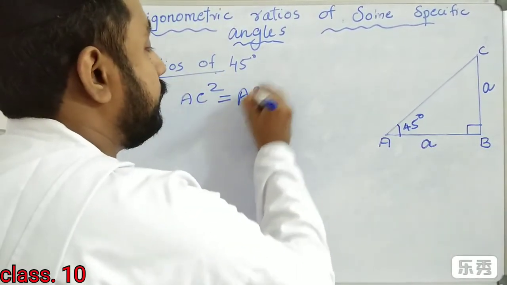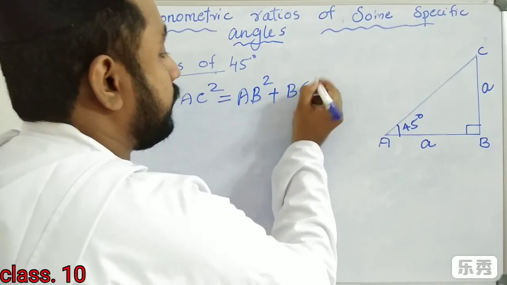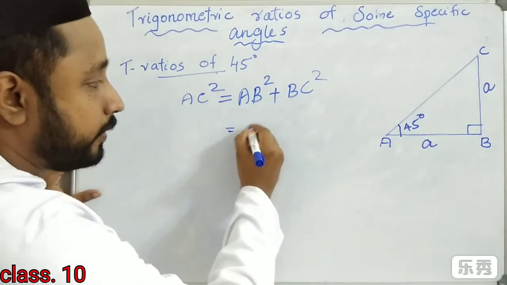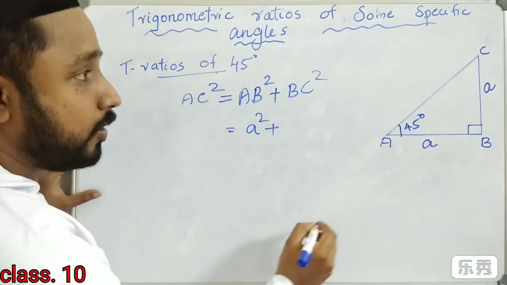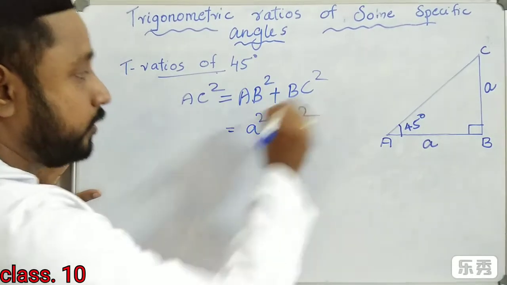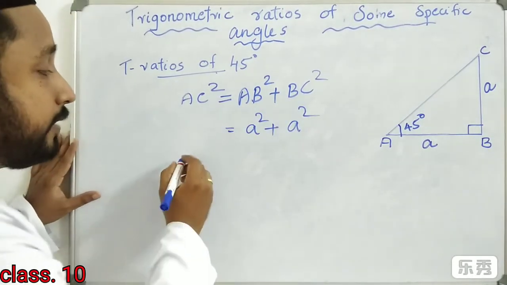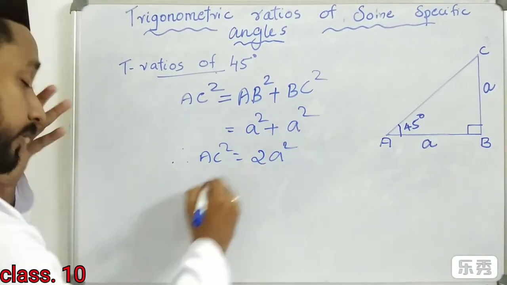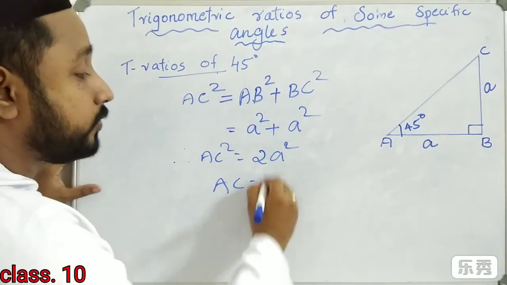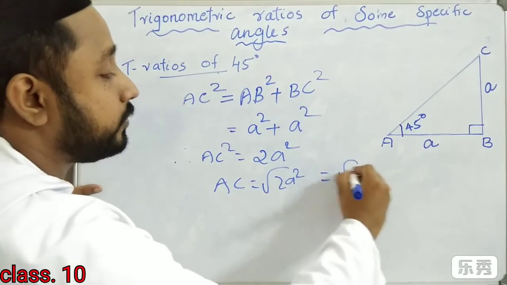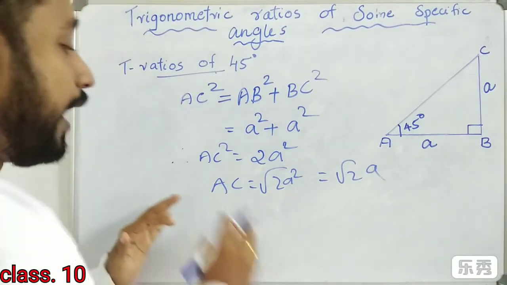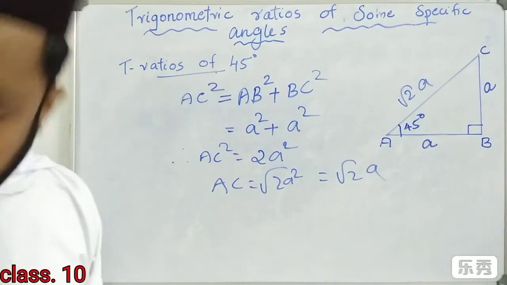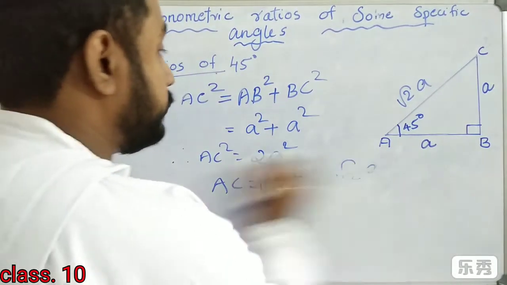AB is a, so AB square is a square, and BC is also a, so BC square is a square. Therefore AC square is equal to a square plus a square, which is 2a square. Therefore AC is equal to root 2 a square, which is root 2 a. So we got the hypotenuse as root 2 a.